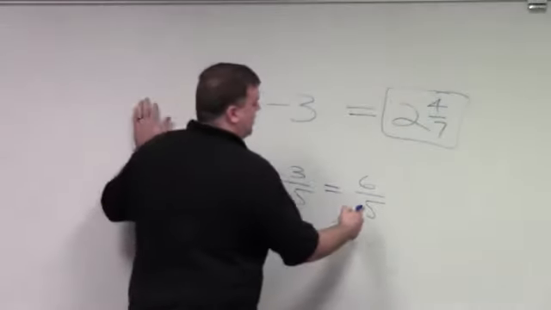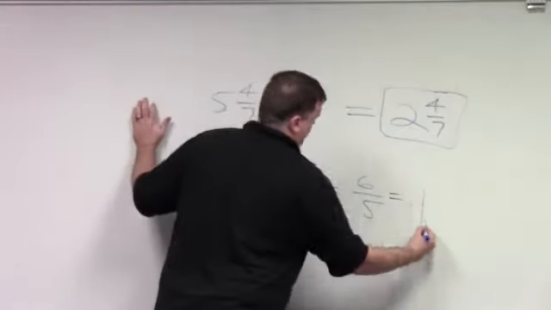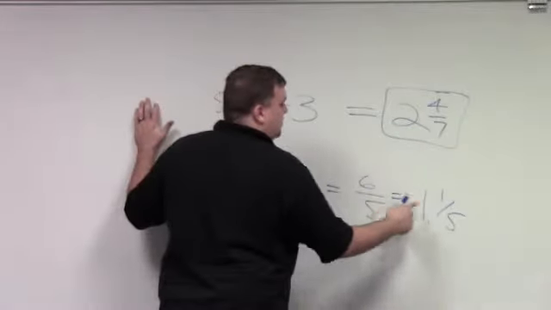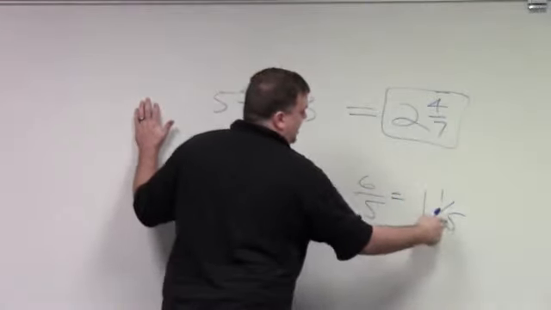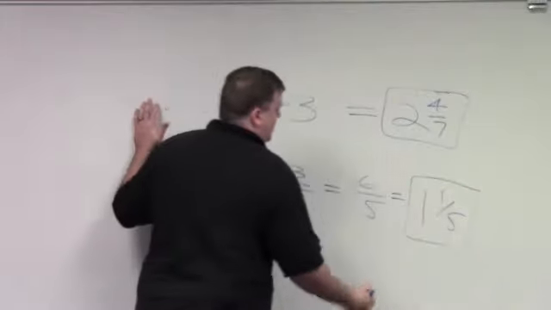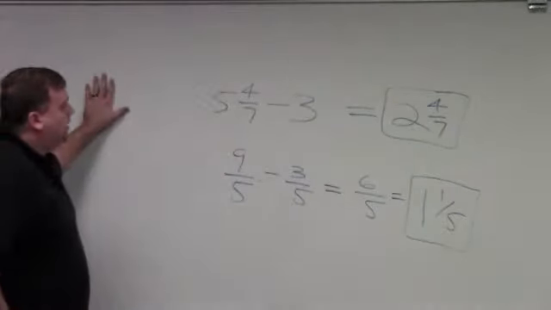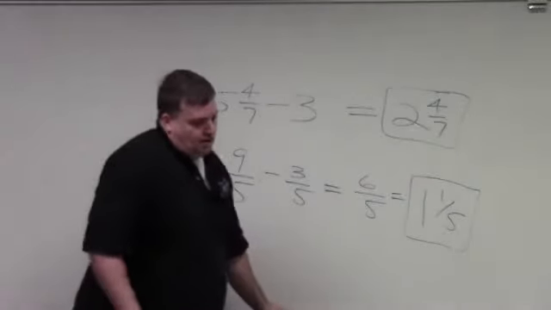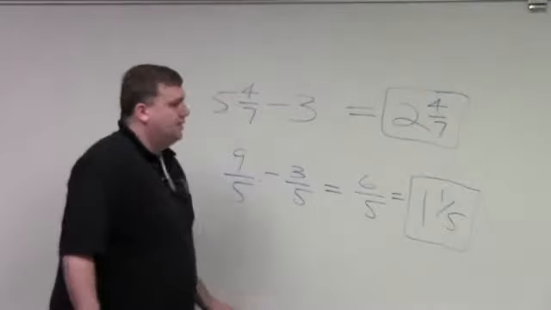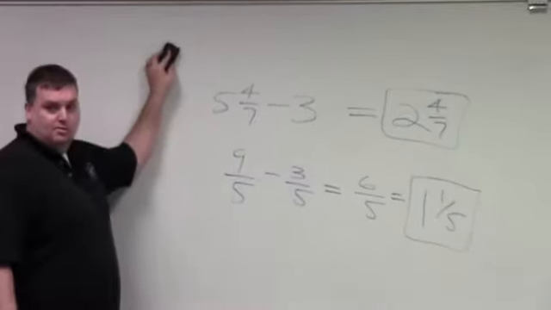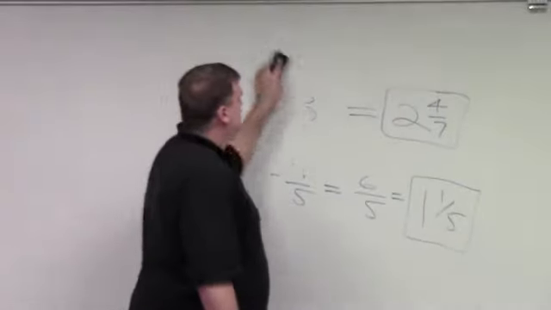How do we do that? 1 and 1/5, correct. 5 goes into 6 one time with a remainder of 1. Keep the same denominator. So if you have those two types of subtractions, you don't have to worry about finding a common denominator. You can just move on from there. But we don't always have it that easy, right? Okay. All right. So any questions on those? Let's move into some tougher ones.